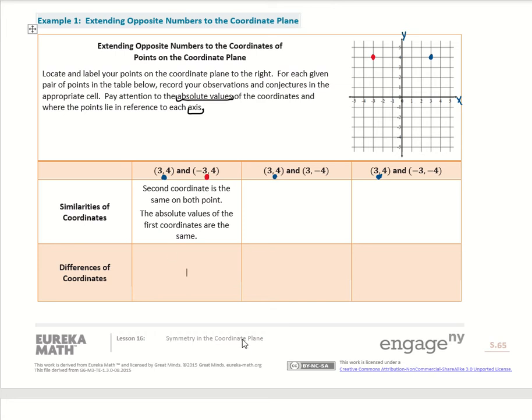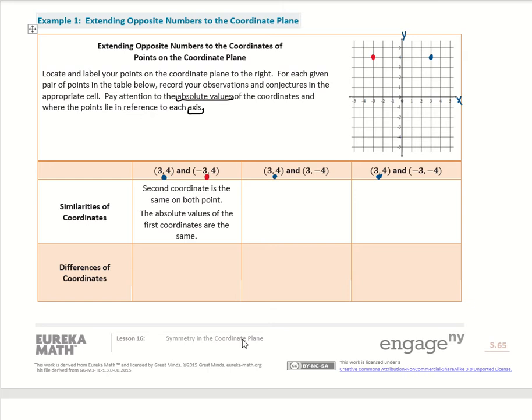If I want to now know what some of the differences in these coordinates are, there's a super obvious one that we can see directly ahead.